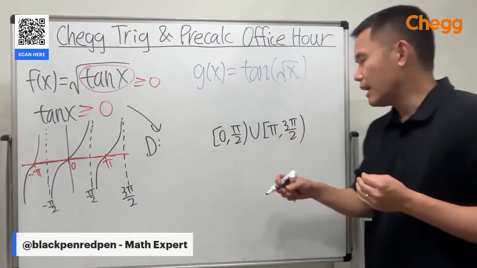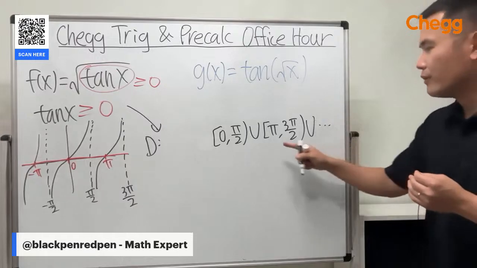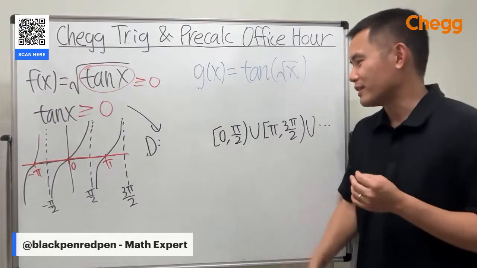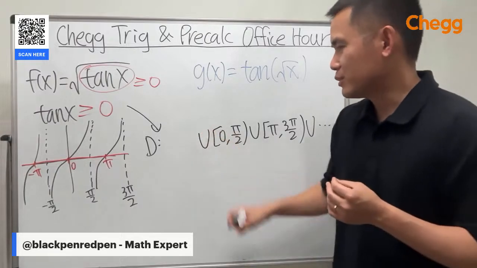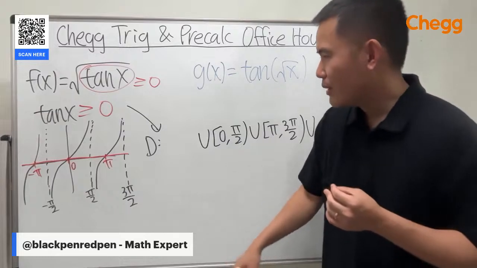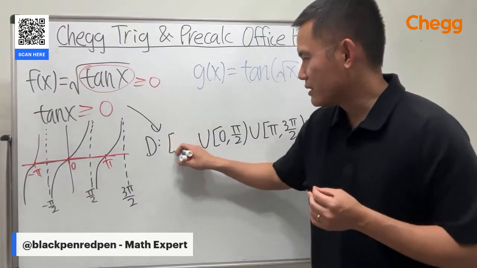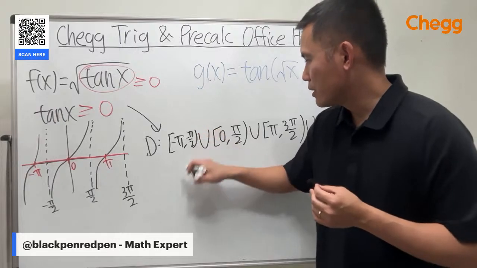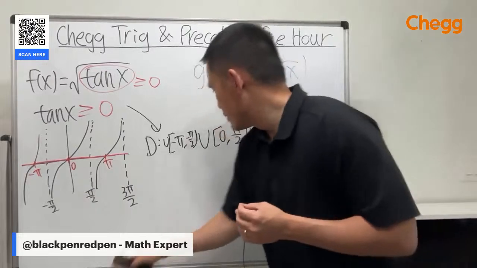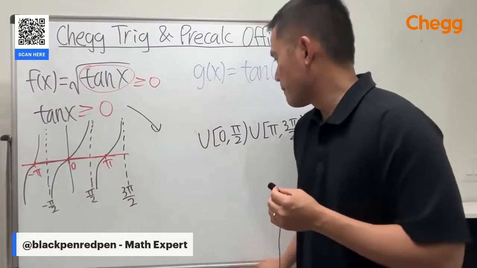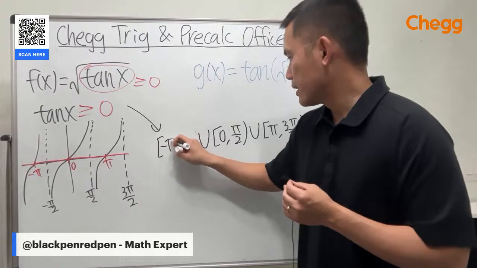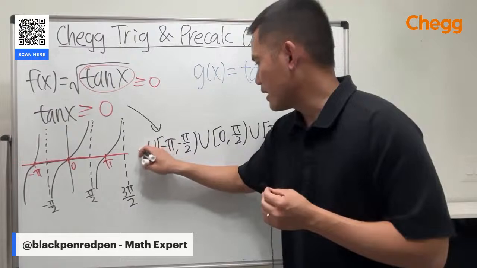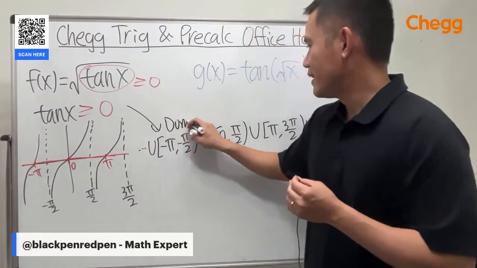And since this has so many, I'm just going to put union and then dot, dot, dot. Hopefully the reader understands the pattern. It's really not easy to write down the domain for this in an easier way. And negative pi over 2, and so on. Dot, dot, dot. So that's the domain.